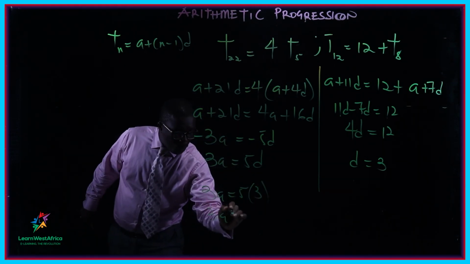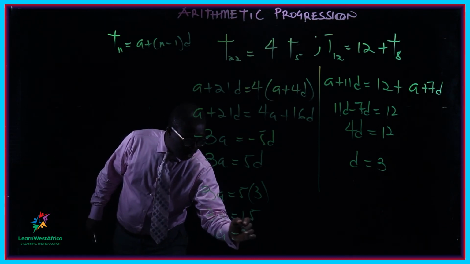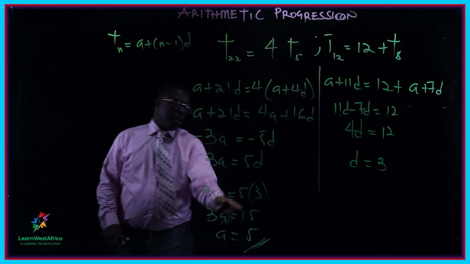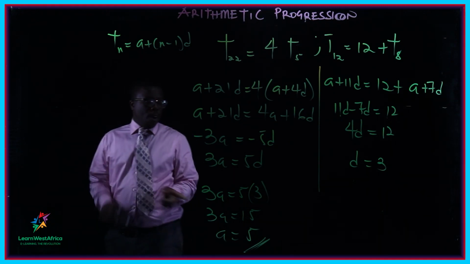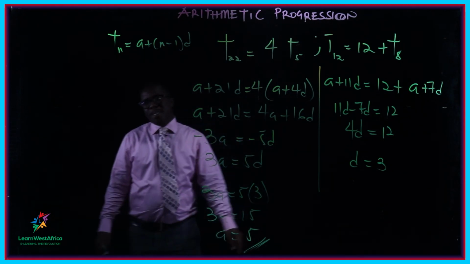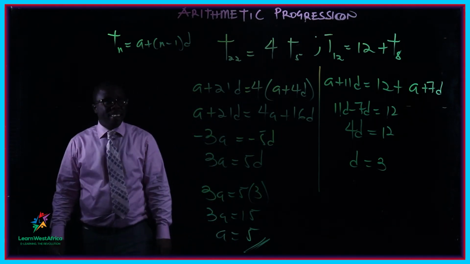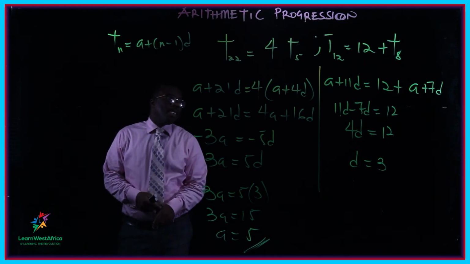So our 3a will be 15, and that's going to give us our a to be 5, because 15 divided by 3 should give you 5. So our first term is 5. Our common difference is 3. Okay? So just try and keep that.